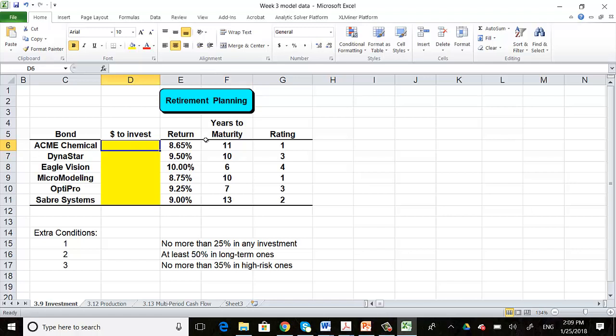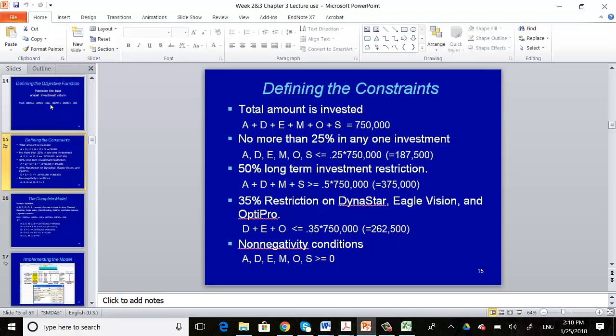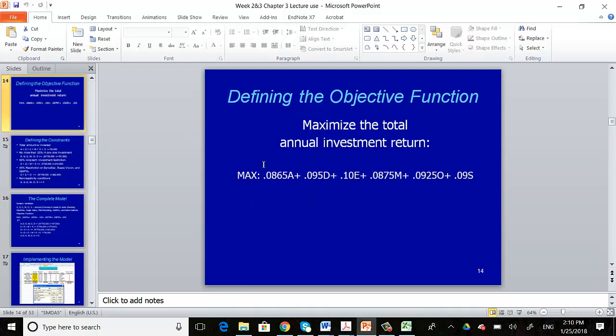And we have the return, and we said that we're going to calculate the total yield here. We're going to calculate the total principal plus yield, so 100% plus those rates. That's our objective function.